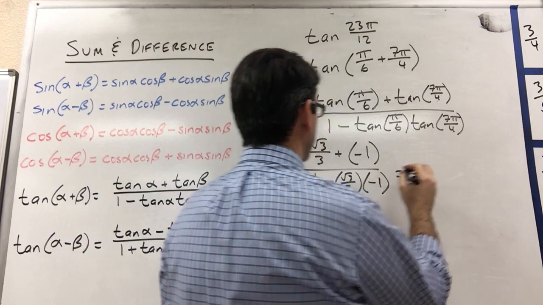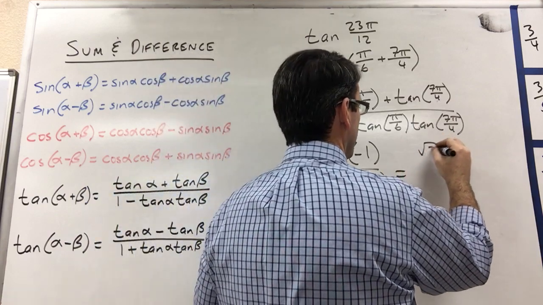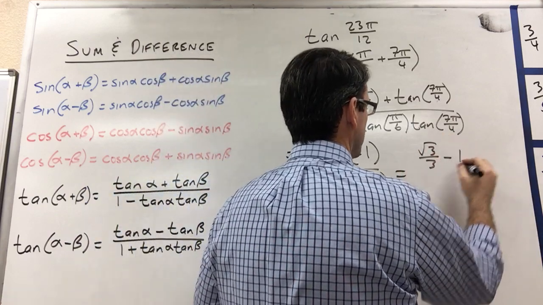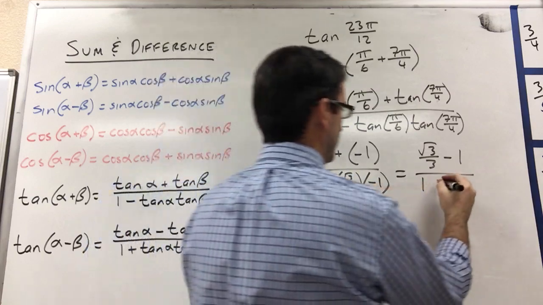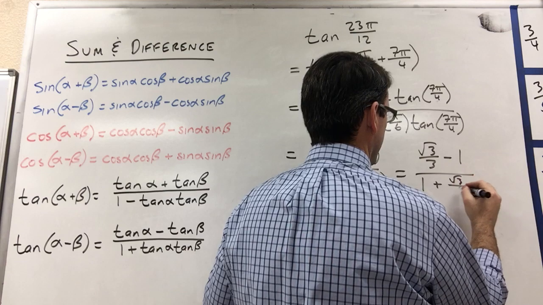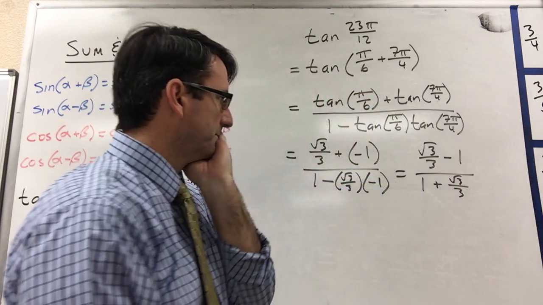All right, so we can rewrite this as square root of 3 over 3 minus 1 divided by 1 plus the square root of 3 over 3.